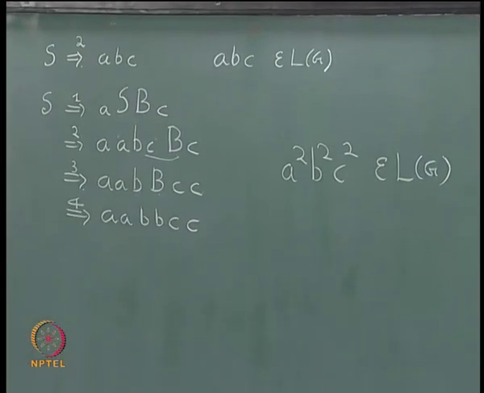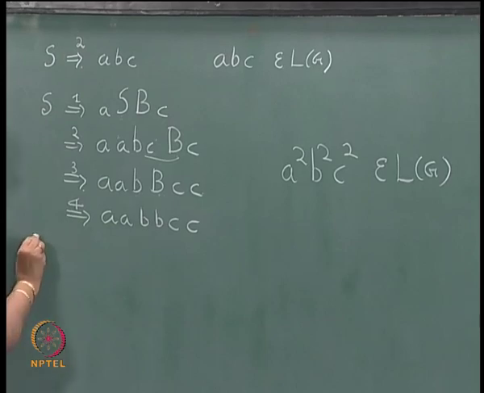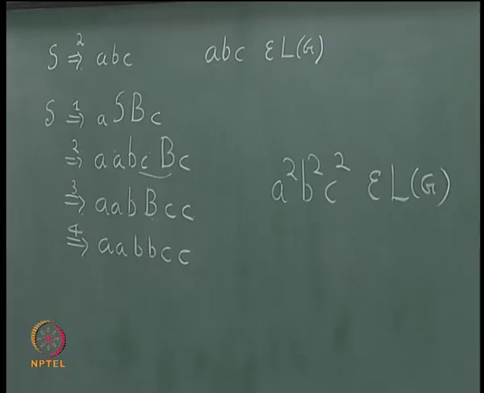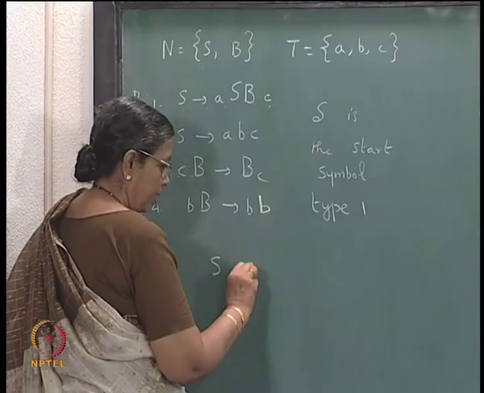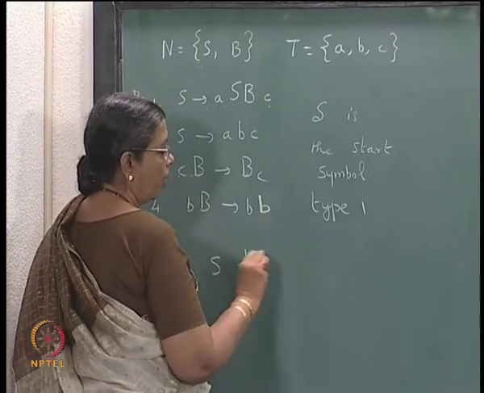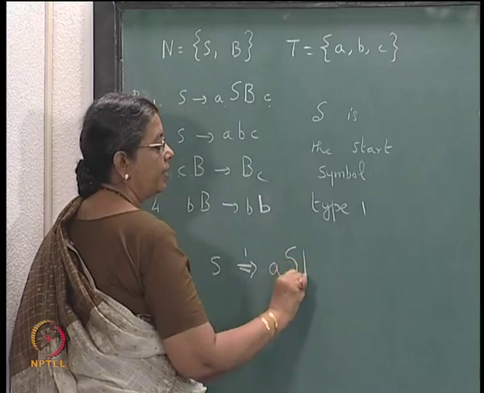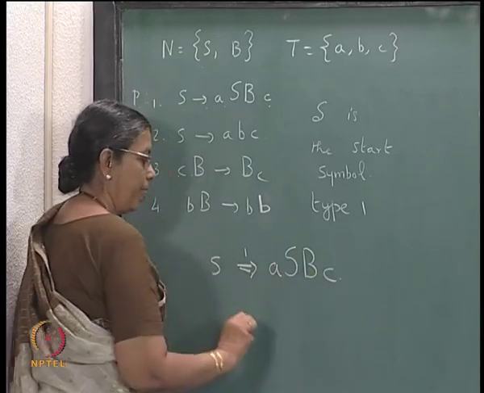Now, let us consider one more example. I will start from here. S, use rule 1, you get aSBC.